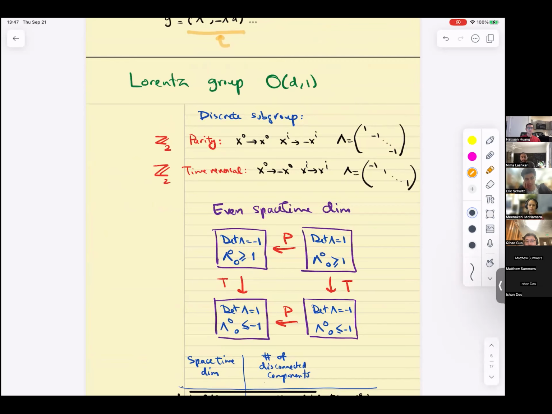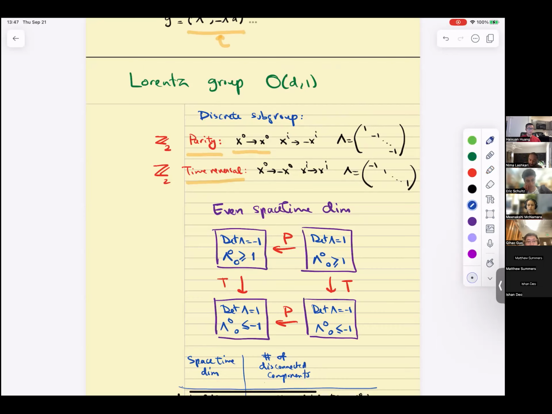The Lorentz group has a very important discrete subgroup that you have already learned about in physics. Parity is a transformation that leaves time invariant, but flips all the spatial directions, something you've learned in quantum mechanics. And time reversal is where you keep the space fixed and only flip the time.